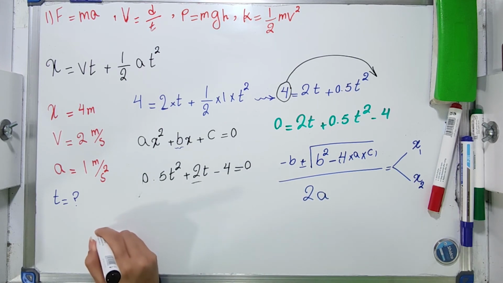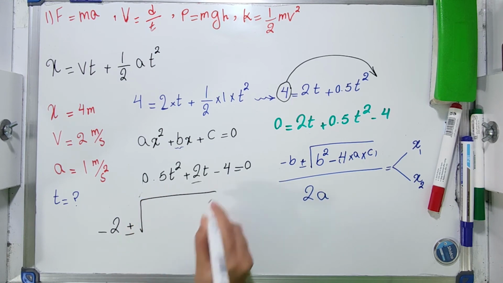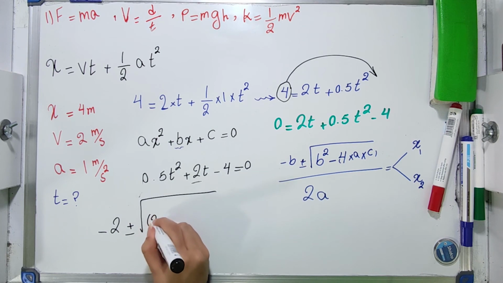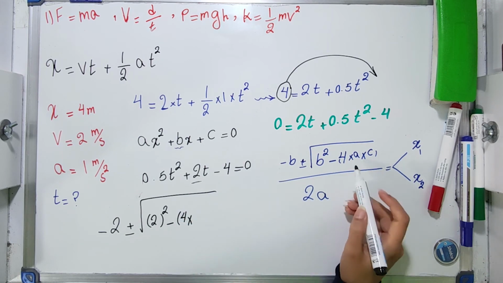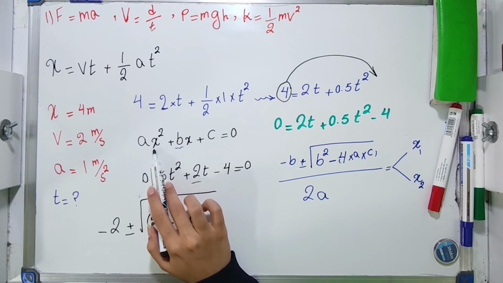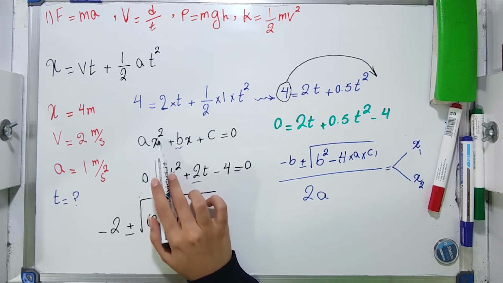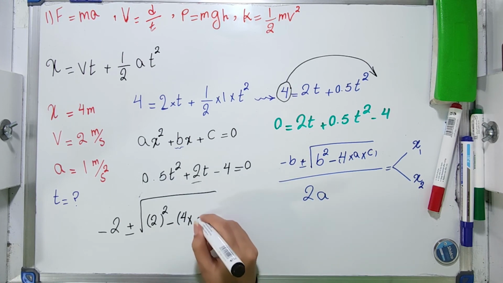So I write minus 2 plus or minus the square root. b squared will be 2 to the power 2, minus 4 times, what is a? a is beside x squared, so it's the number beside t squared.